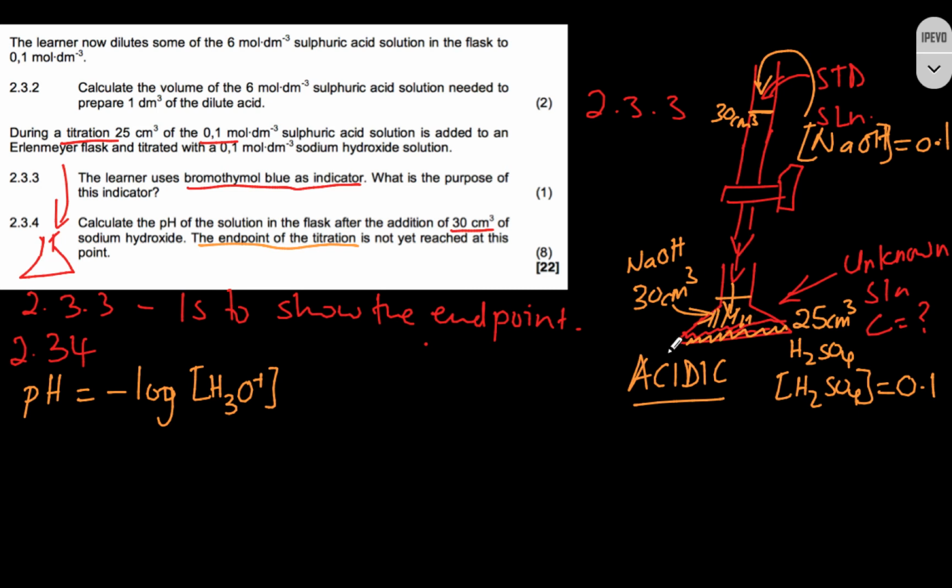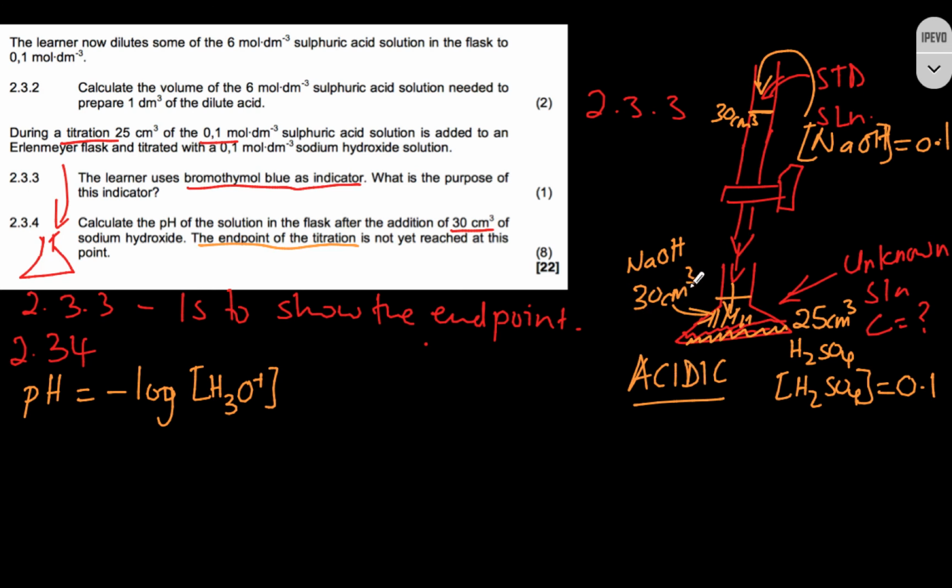So now what we are going to do is, first we're going to find out the number of moles of the sodium hydroxide that actually reacted with the number of moles of the sulfuric acid that was in 25 cm³. And then after we find those number of moles, we are going to find the number of moles that did not react. And that number of moles that did not react, we are going to use to calculate the concentration of the protons or the oxonium ions, and then we use that to calculate our pH. So let's do that.